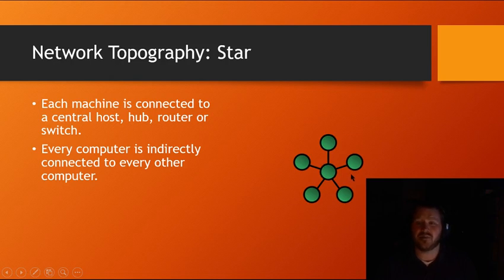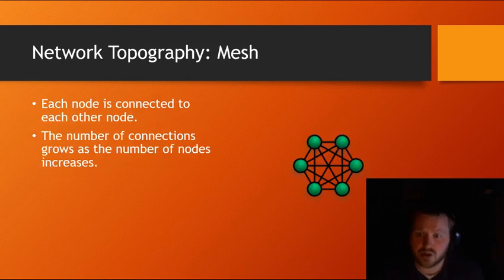That could be a computer or a router or network switch. It's a little bit easier to set up. It's a very basic system. But if something happens to the host, the whole network goes down, because that's where all the communication goes through.